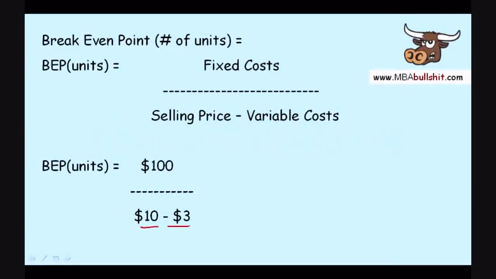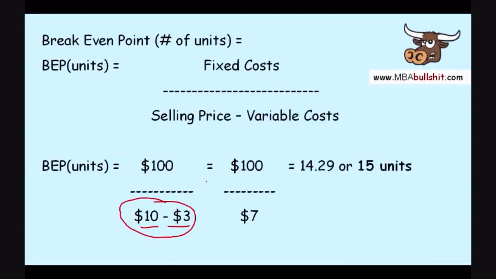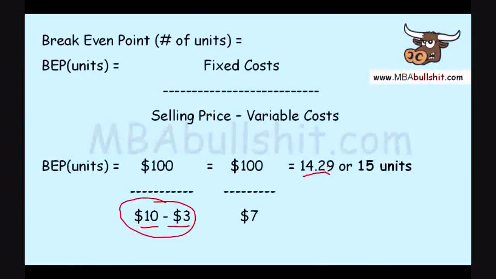So $100 divided by $7, because this now is $7, and you'll come up with a number of 14.29.